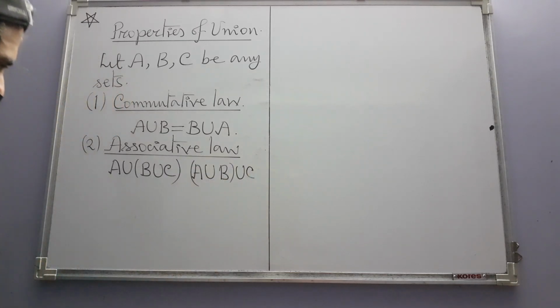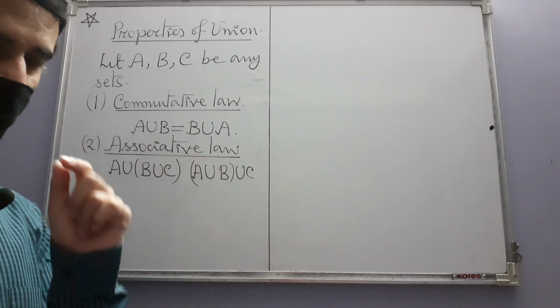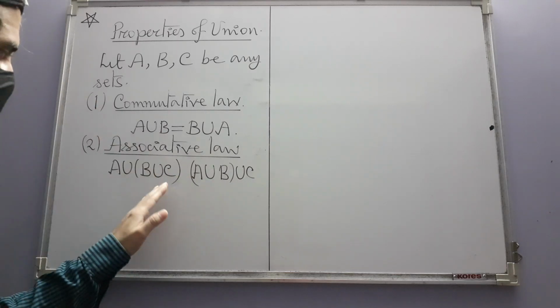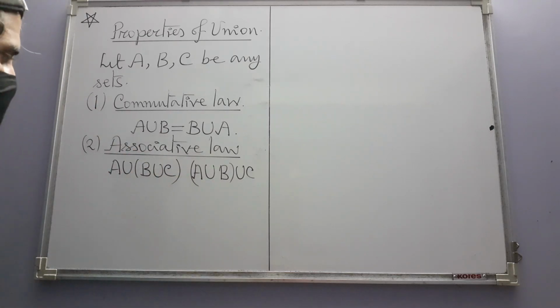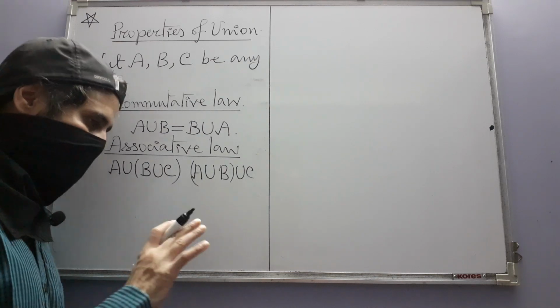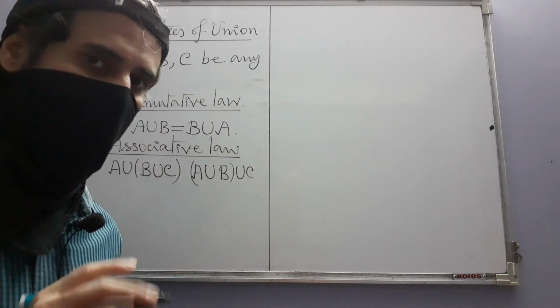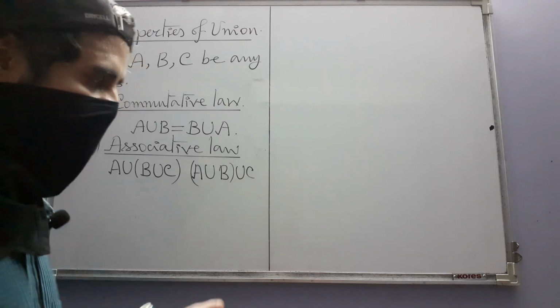You see, the parentheses really mean two different ways of considering this union of three sets, because we haven't really defined the union operation for three sets. It's a binary operation.